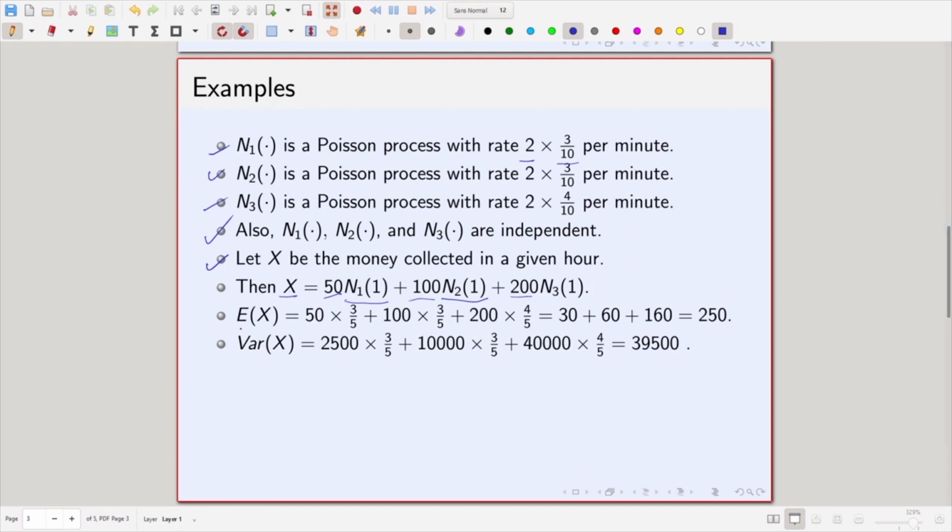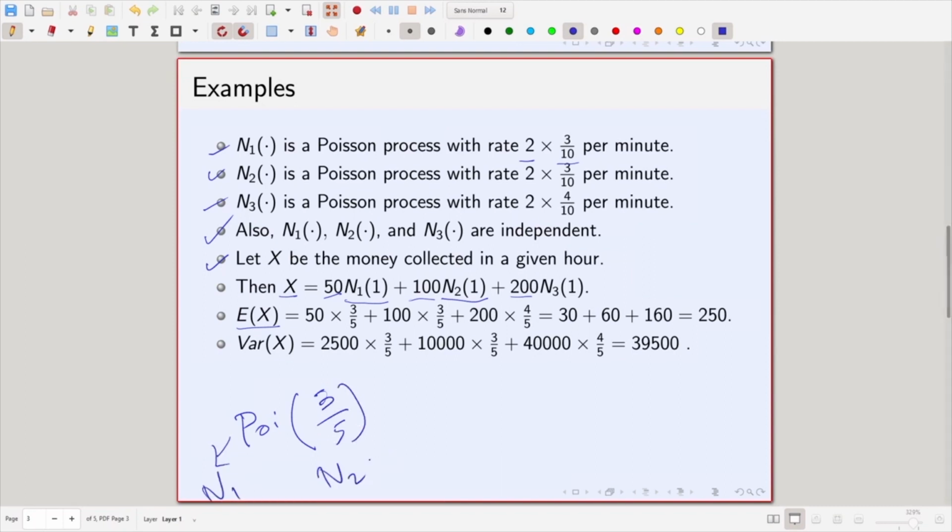So, now it is simple. For the expectation of X, you know here N1 has rate this and T is 1. So, N1 is Poisson 2 times 3 by 10, which is 3 by 5.